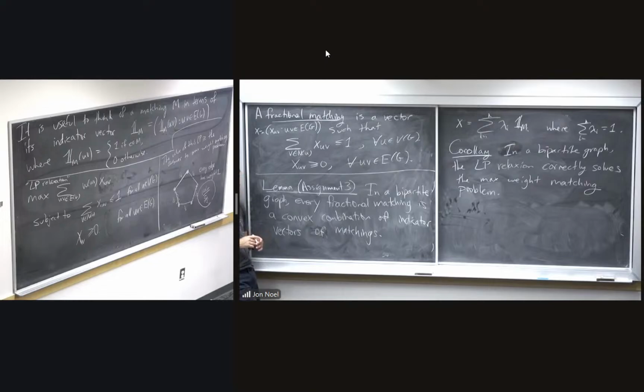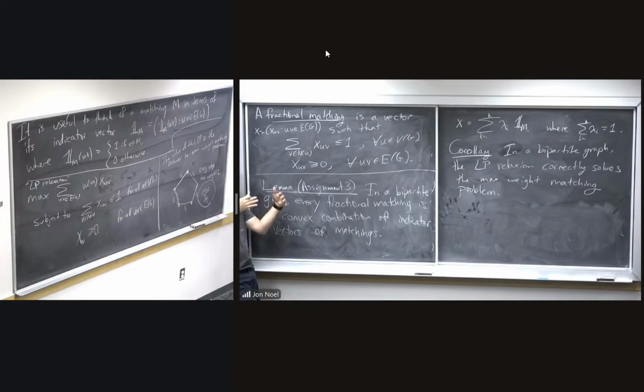So maybe I'll ask you guys, do you see why this lemma implies that? No? Kind of. Some people may be thinking about it. Well, here's the idea. We know that the LP relaxation gives an upper bound.